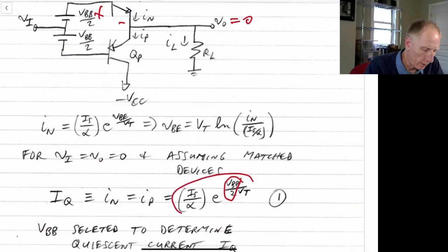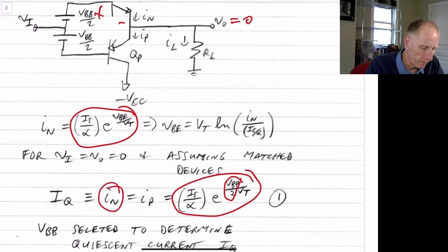And so using this equation with Vbe over 2 for Vbe, we have I sub n. The same would be true for the PNP transistor because we're assuming they're matched.